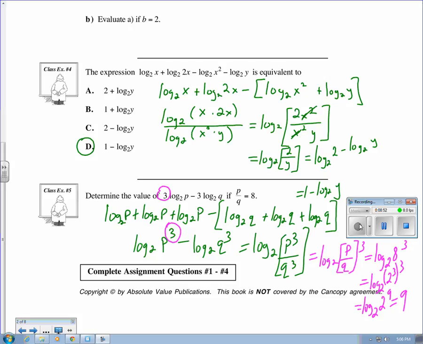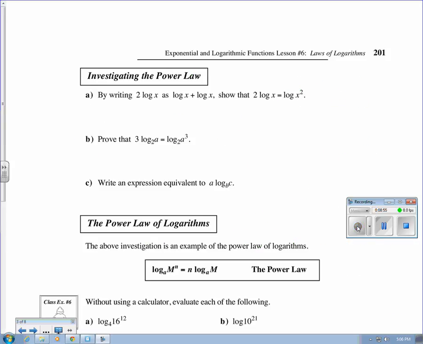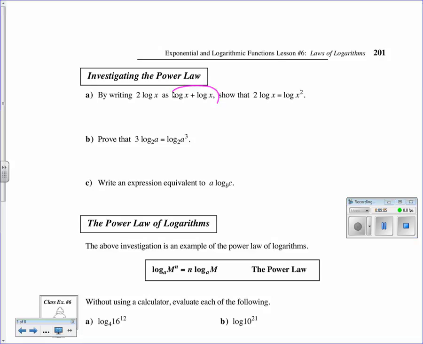Let's check out that last rule. So we've already seen how 2 log x might become log x squared. 2 log x written in this form becomes log x times x, which is log x squared.